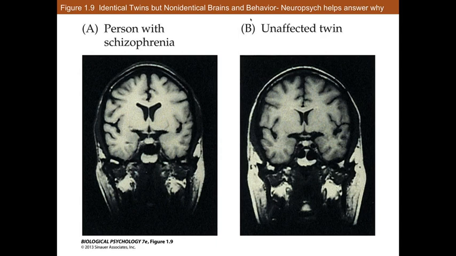So only 50% of the time will both twins have schizophrenia. So what is going on if these people are genetically identical, that their brains look different and that they have very different clinical presentations?